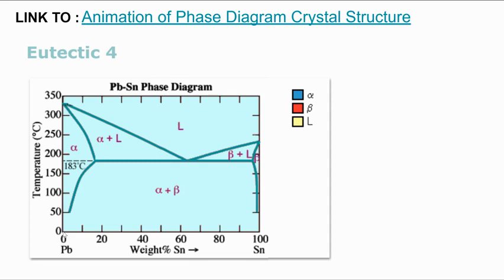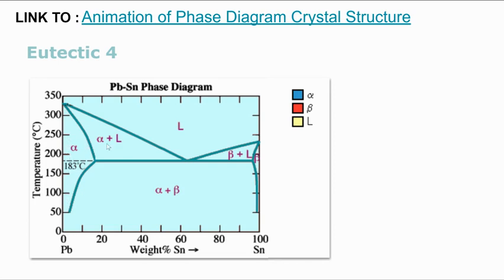Okay, what would be the melting point temperature of tin? If we have a pure tin, Sn, what would its melting point temperature be? Hopefully you told me somewhere between 200 and 250 degrees.